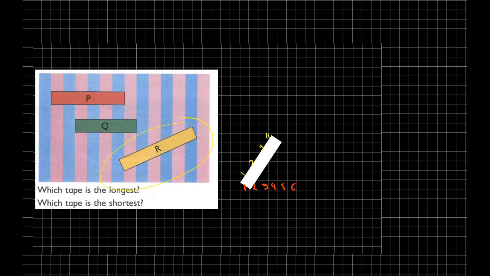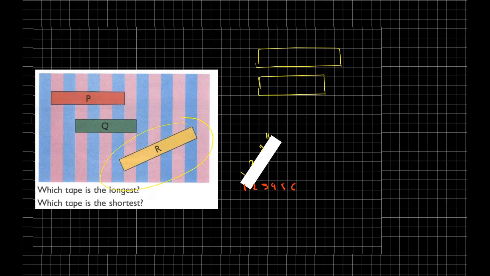So you would cut out the P, Q, and R bars and put them all together side by side, more like this. I'd put the bars next to each other and then show that maybe this would be the bar R, this would be Q, and this would be P. So you would really show that R is longer than Q by actually putting things next to each other and showing which one is longer and which one is taller.